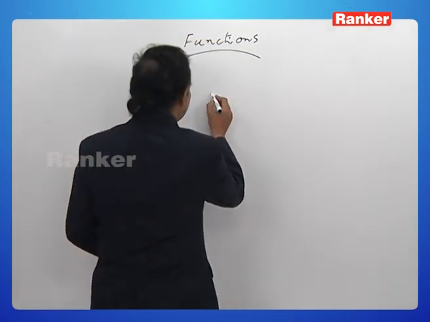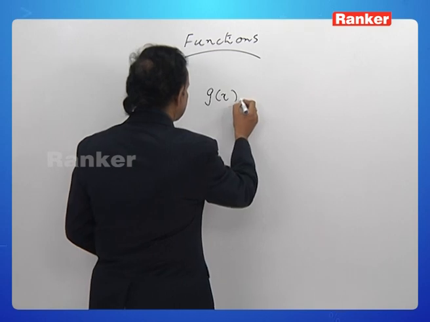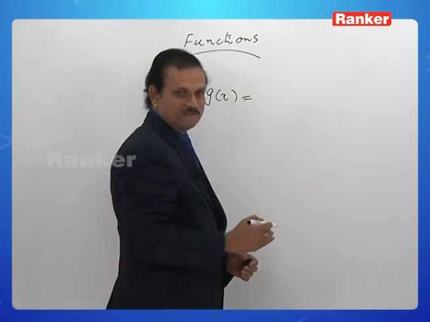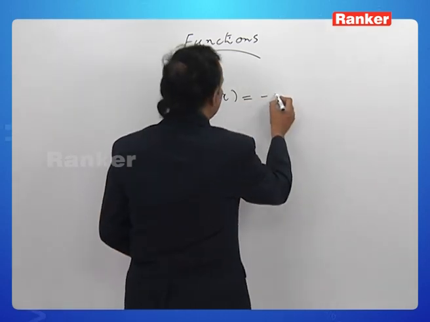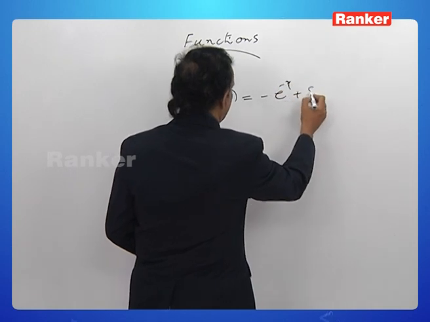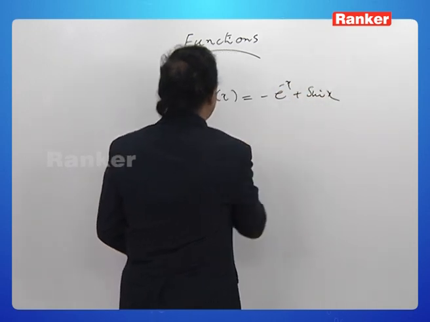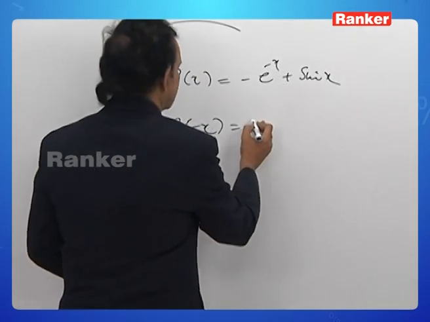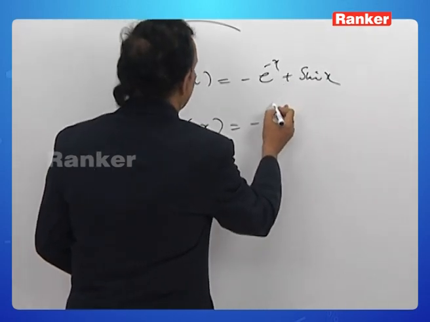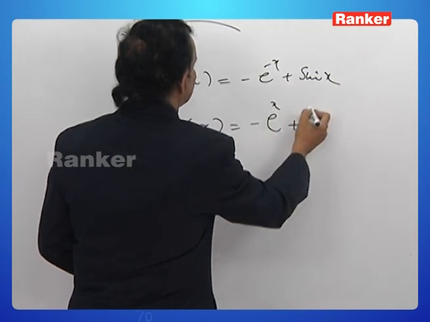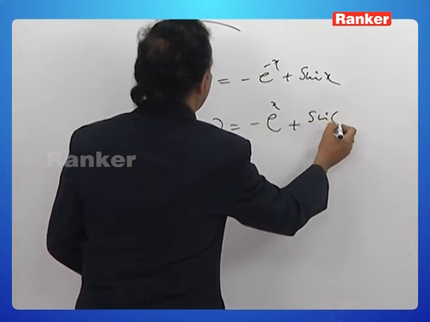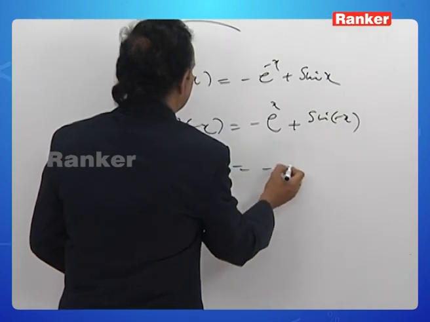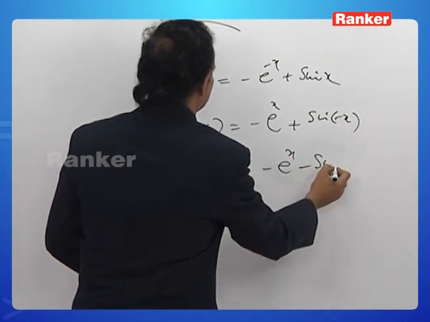That is, if you write say g of x is equal to minus e power minus x plus sin x, then what is g of minus x? This is minus e power x plus sine of minus x, that is equal to minus e power x minus sine x.